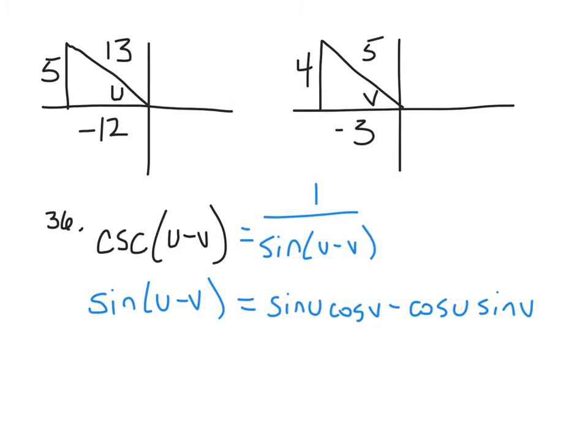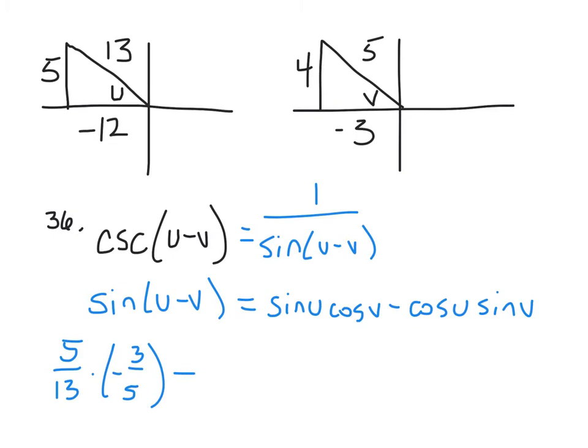I don't know if it's easier, but we already know the sine of u and the cosine of v from the directions. So the sine of u is 5 over 13, and the cosine of v is negative 3 over 5. Now we're going to use the arc sine notation, and really all that's doing is telling us which triangle we should be looking at.